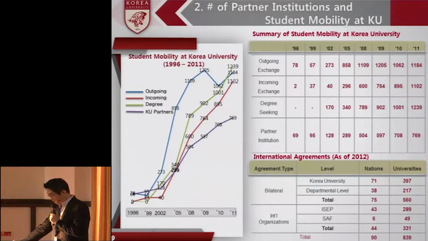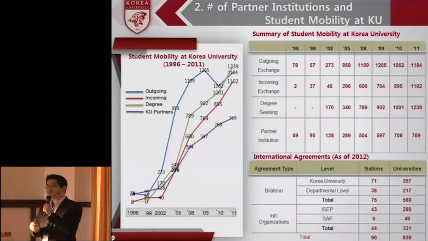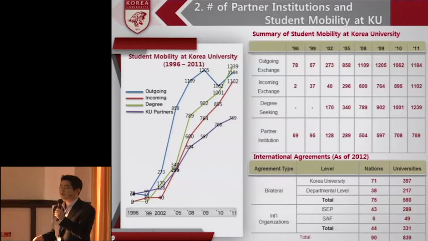But the thing is that most of these partnerships are focused on student exchanges. According to the survey I showed in the past slide, it's about achieving academic excellence and increasing knowledge capacity. But the traditional model of Korean university partnerships is mainly about giving students opportunities to study abroad or study on our campus.